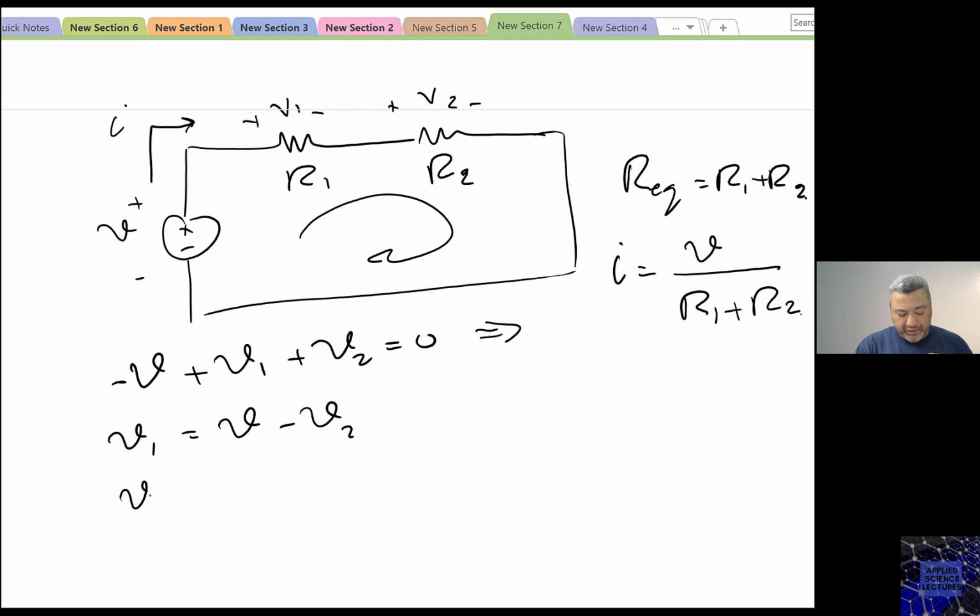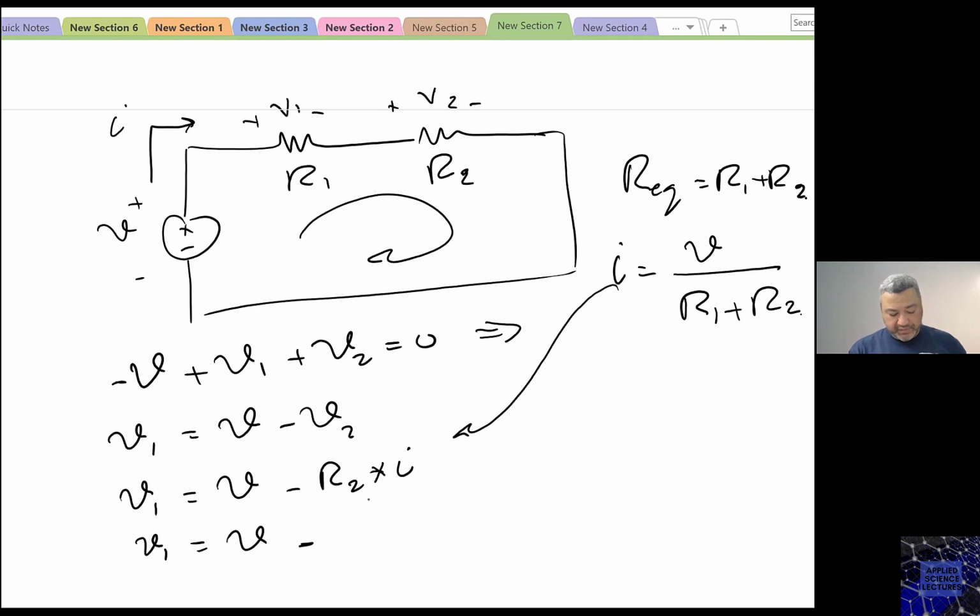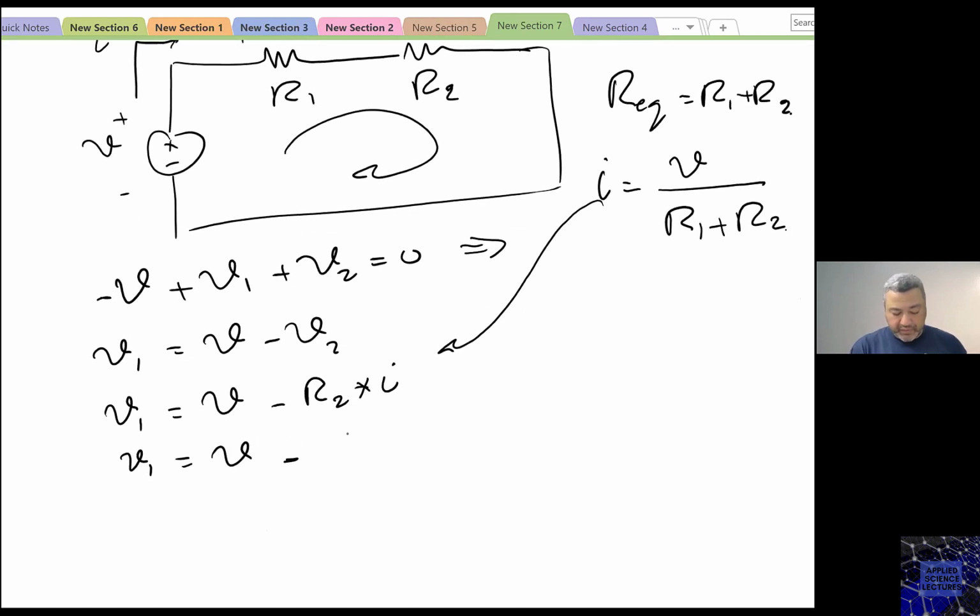Then you come here to V1 and you say V2 is indeed R2 times I, and then take this I, substitute it here. You end up with V1 equals V minus R2 times V over R1 plus R2.